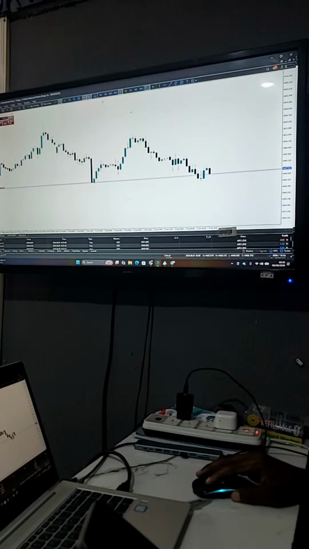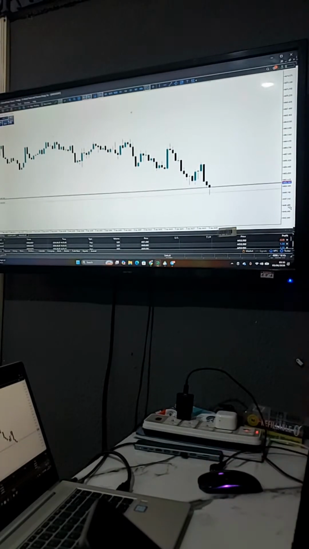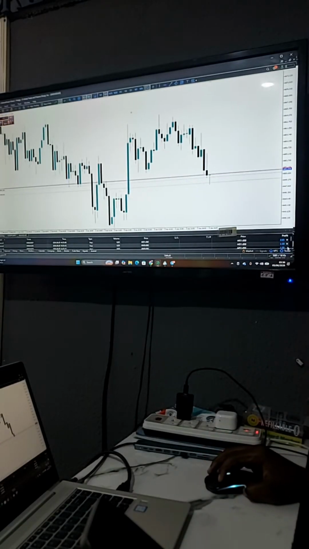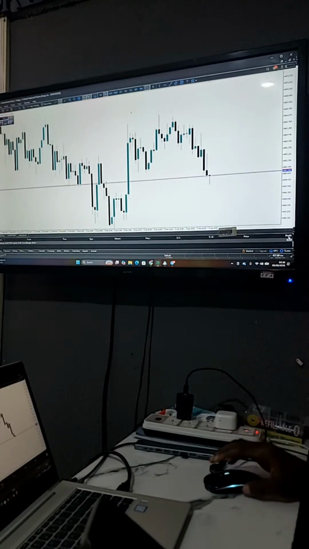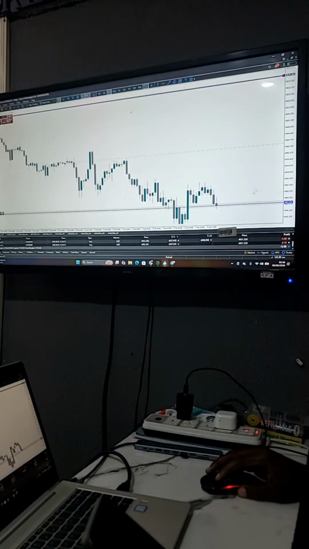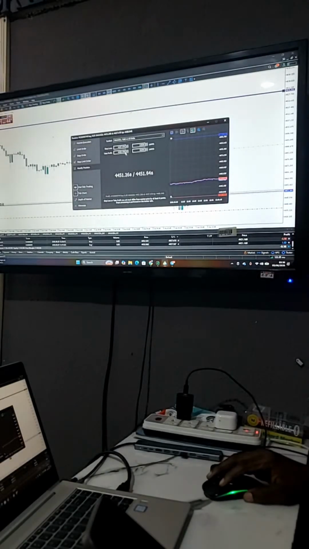This one not trigger. Zero. Not trigger. Almost all of your trades suppose not trigger now. Okay, the one anyone where trigger, put stop loss.